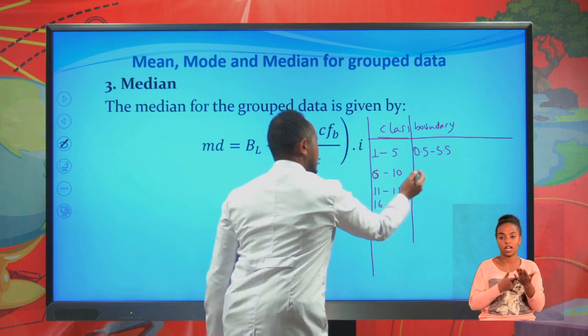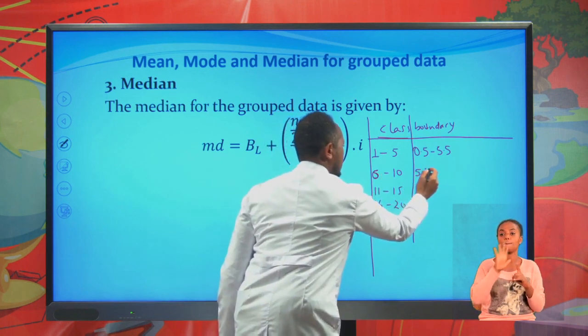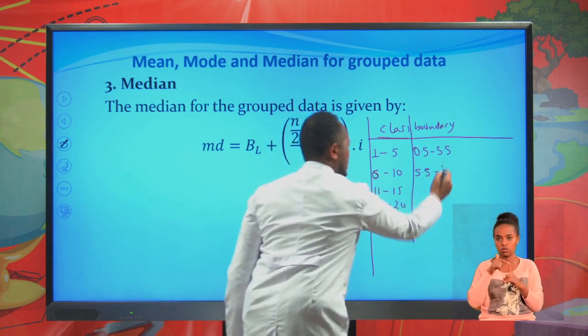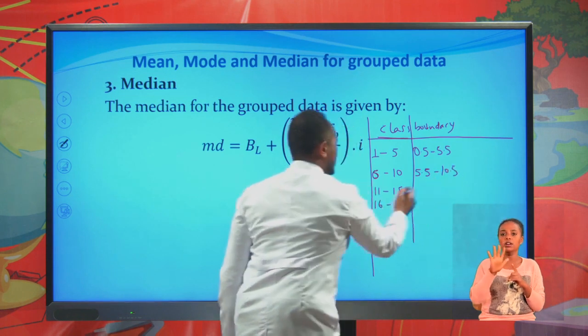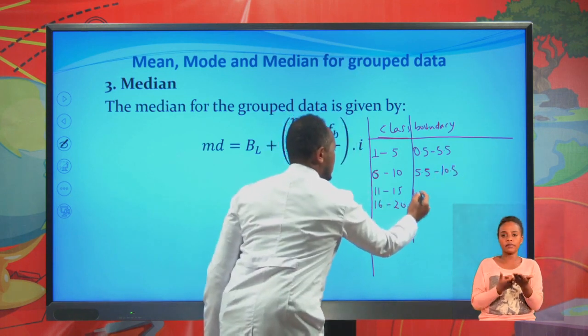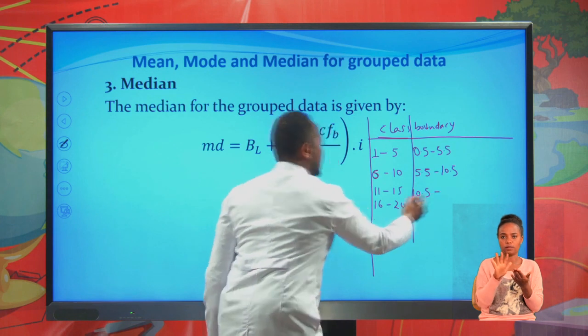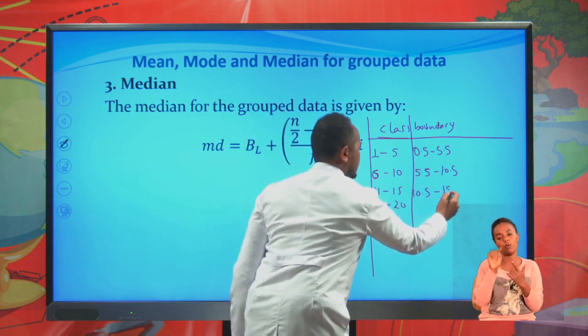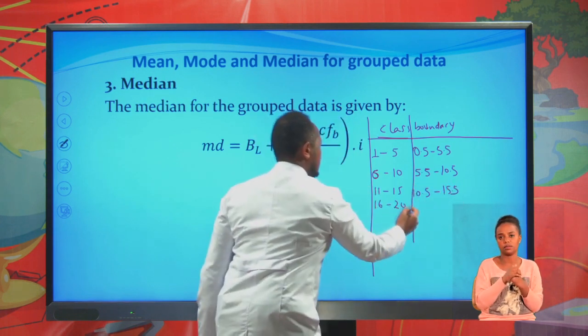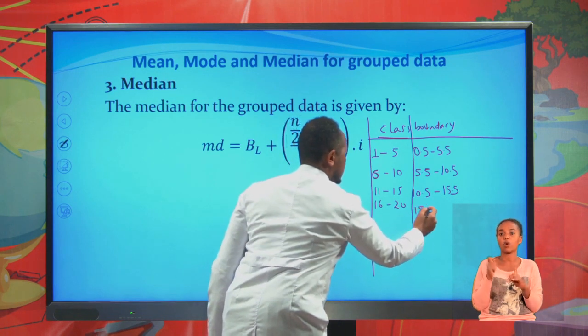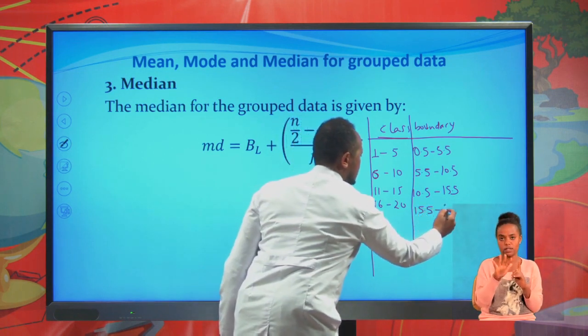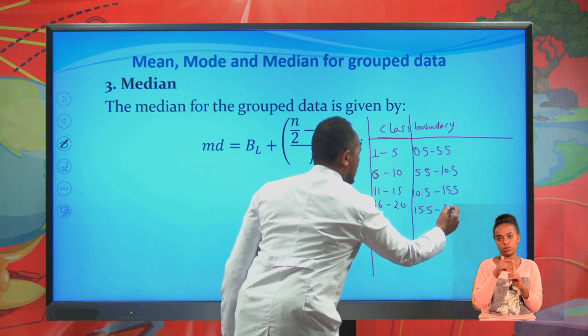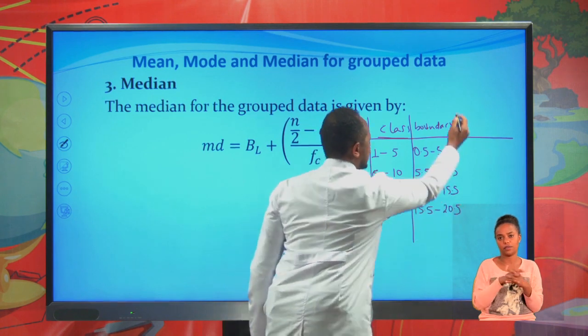Here from 5.5 up to 10.5. Here from 10.5 up to 15.5. Here from 15.5 up to 20.5. We have these class boundaries.